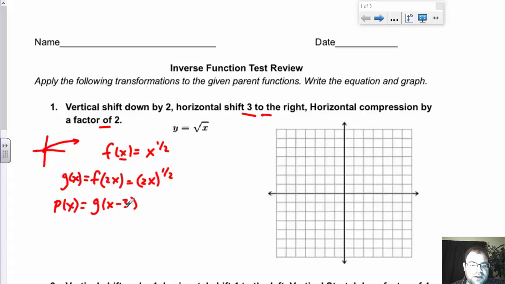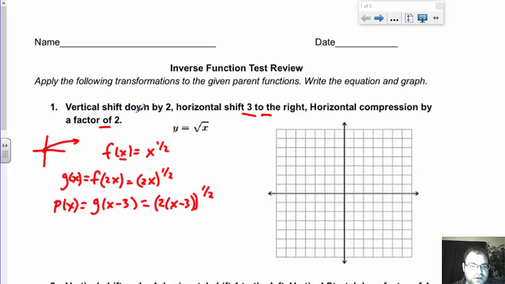When you're shifting to the right horizontally, you subtract instead of add, and you do this inside the parentheses. Horizontal transformations are inside the parentheses; they're changing the input. So this gives me 2 times x minus 3, raised to the power of a half, all of that whole thing.